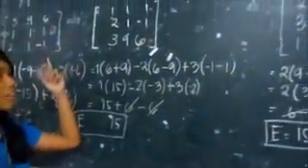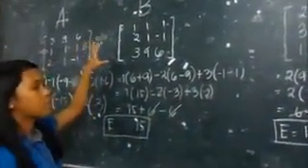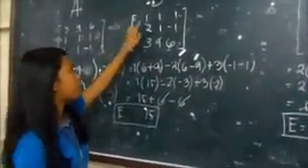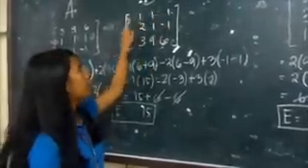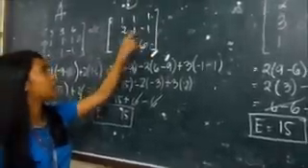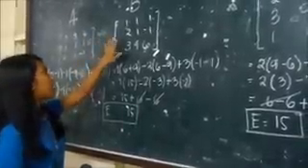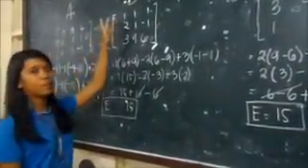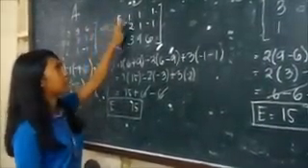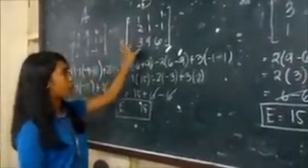In the second set of interchanging this matrix, we have 1, 1, 1, 2, 1, negative 1, 3, 9, 6. We copy the principal factors of the column.